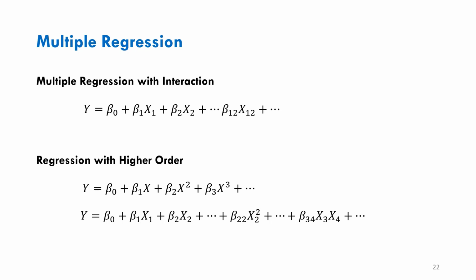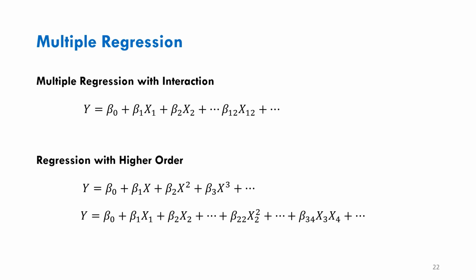Also, we can add some higher order terms. For simple linear model, we have y equals beta naught plus beta 1 times x. But for the multiple linear model, we have y equals beta naught plus beta 1 x1 plus beta 2 x2, and this goes on.